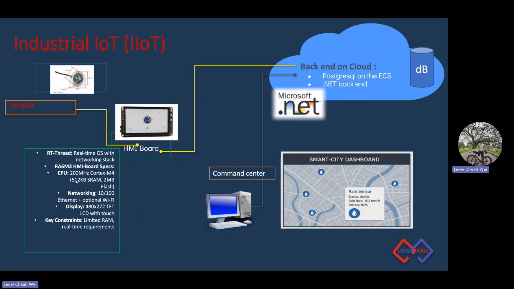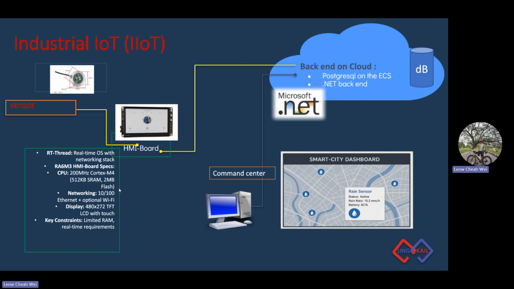The CPU is at 200 megahertz with 512 kilobytes of RAM and 2 megabytes of flash. It even comes with an LCD touchscreen display that we can program to show the optical rain sensor data on site if we want to look at it there.